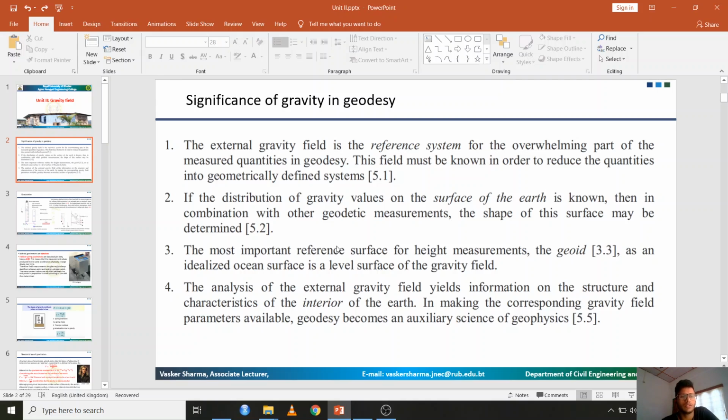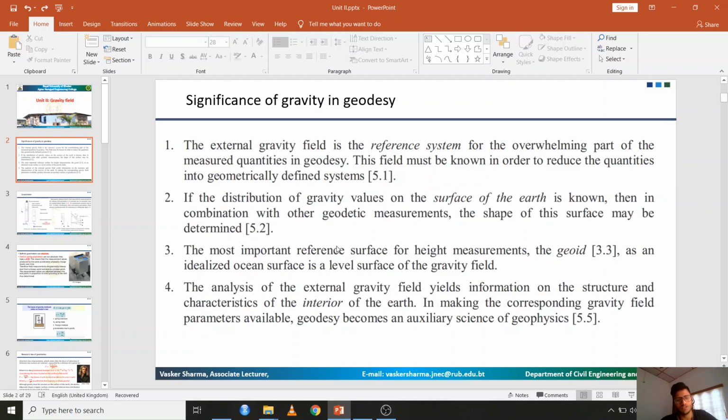They completely rely on geodesy for proper and accurate measurements like latitude and longitude. This latitude and longitude we determine from a reference system, which in this case would be an ellipsoid. I have already discussed in Unit 1 that one of the reference systems is WGS 1984, which is an ellipsoid used to measure the coordinates as well as the height of an object on the surface of the earth.